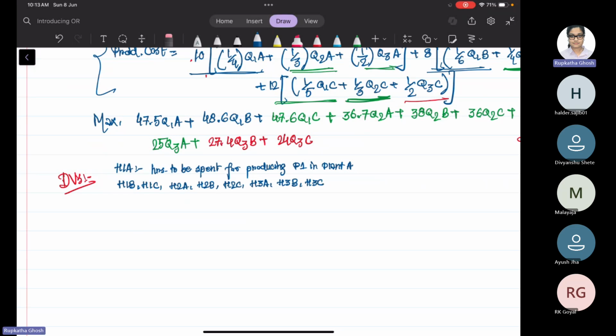This is another way of solving, but even if your friend is solves it like this, you will arrive at the same solution. That's the beauty. However you solve it, you will arrive at the same solution.